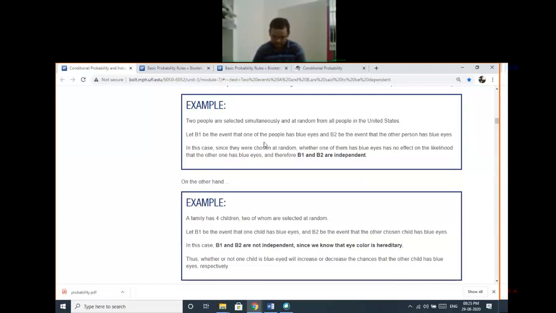Let B1 be the event that one of the people has blue eyes, and B2 is the event that the other person also has blue eyes. How many people are there in the US is not mentioned here, but we are being asked whether these two events are dependent or independent.